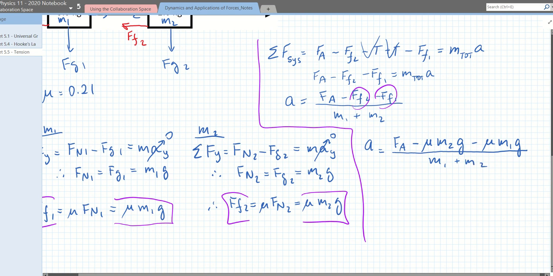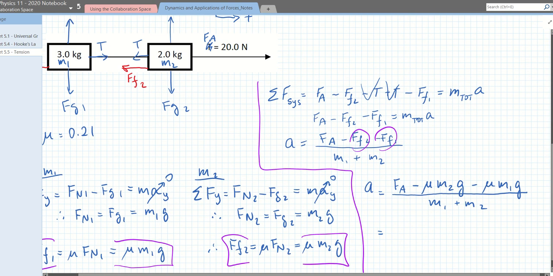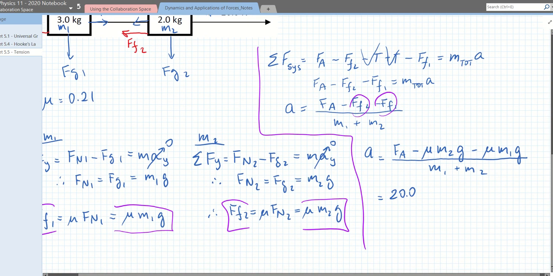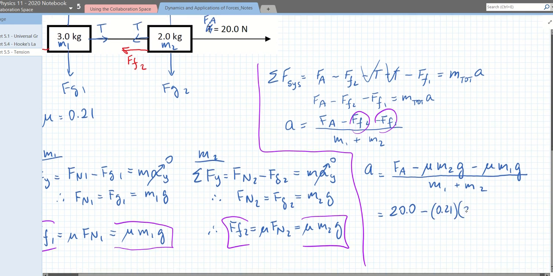So I'm just going to plug in the numbers. Fa was 20.0. Our mu is 0.21. Our m2 is 2.0 times 9.8.